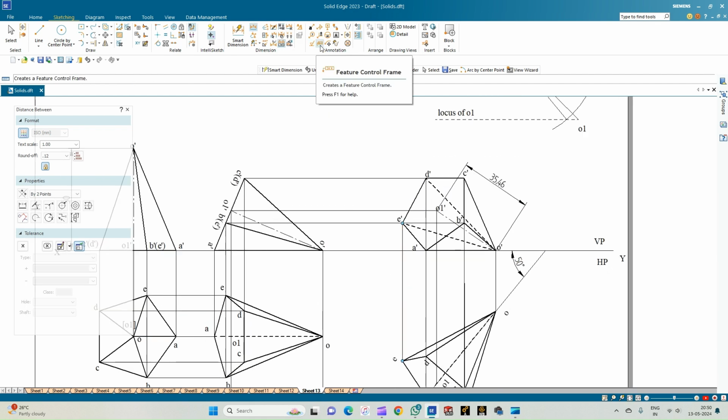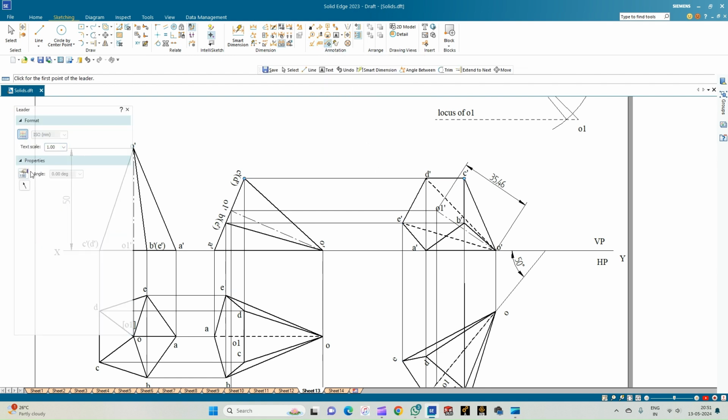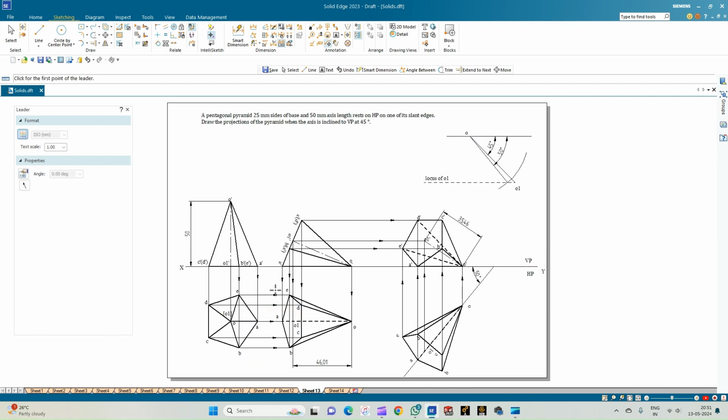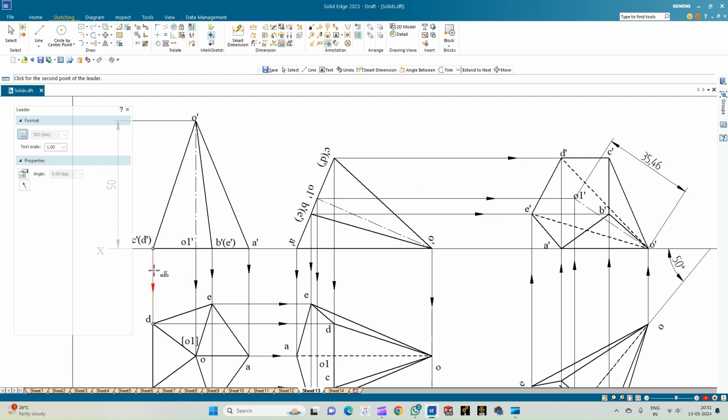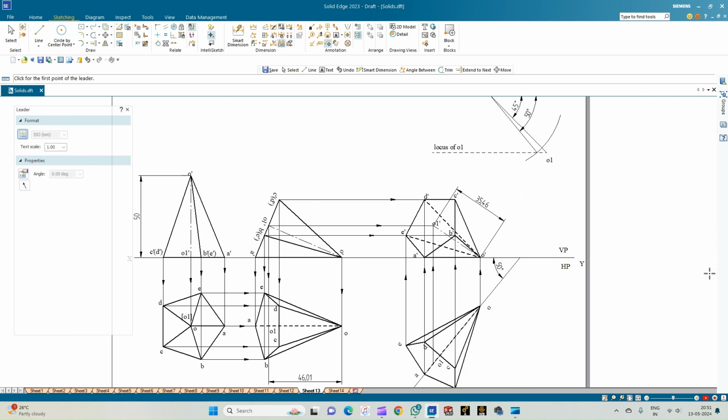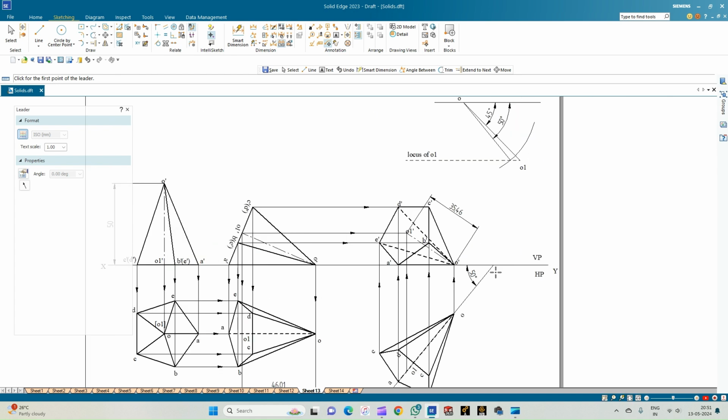So you can use the leader option to draw the direction of the projection lines. So with this, we complete the construction.